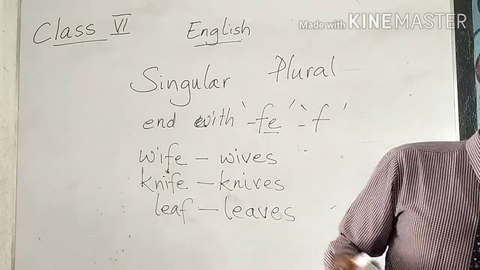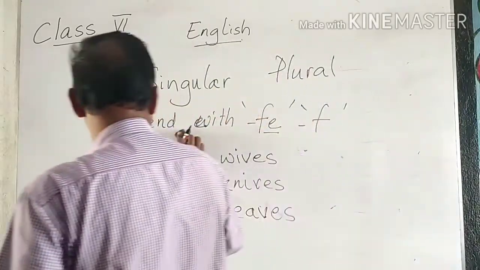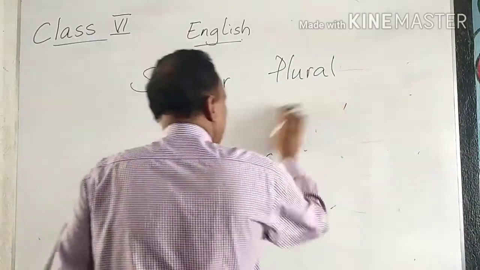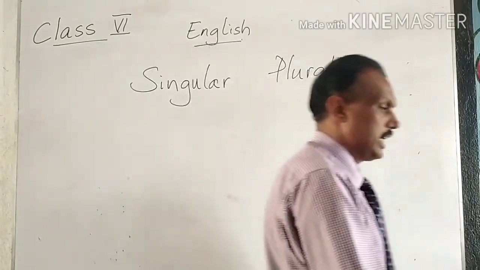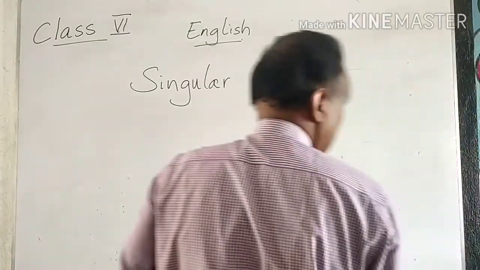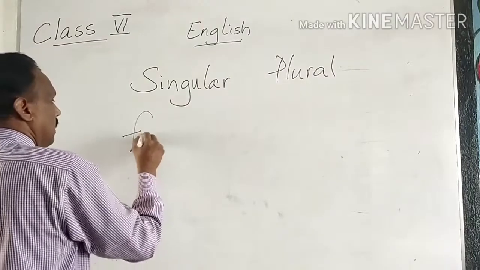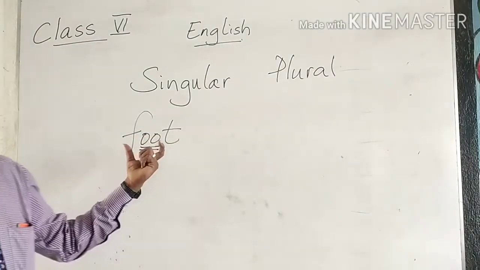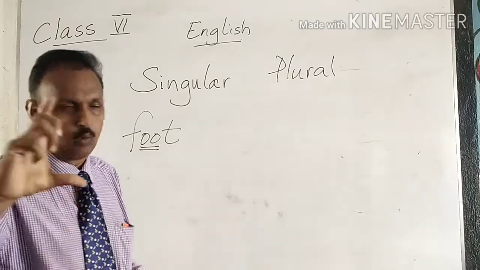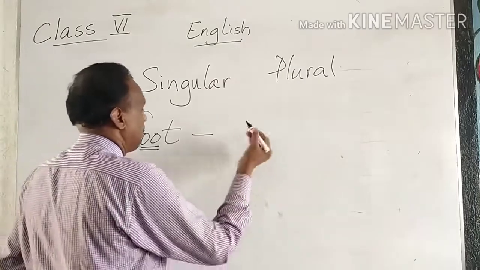And if you go to the next one, there are some with double vowels, like double O, like foot. In this case, what happens? Foot means our leg, the bottom part.